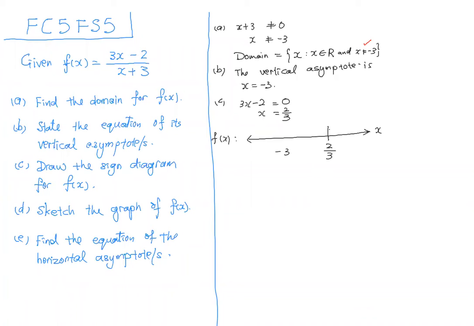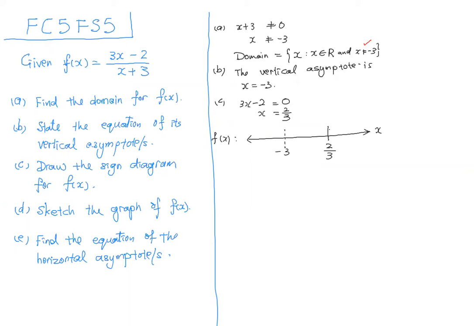Usually for the sign diagram in your quiz, I will give you 2 marks. Okay, you mark the points correctly, 1 mark, on the sign diagram. If you don't have the dotted line, straight away your 1 mark is gone. There's no such thing as half a mark. Okay, then next, how?